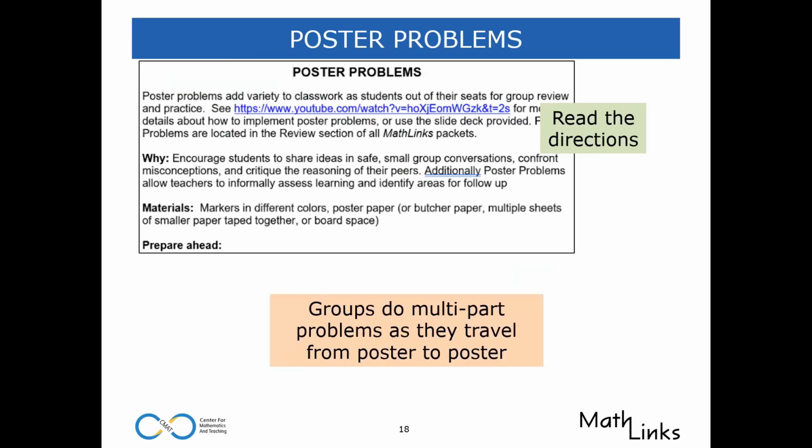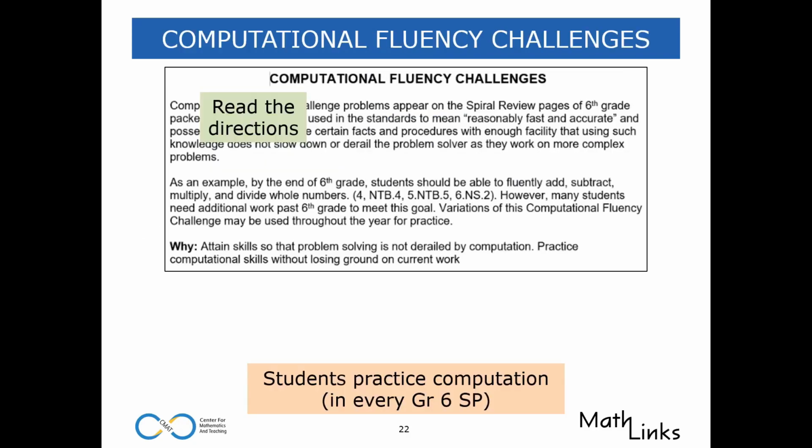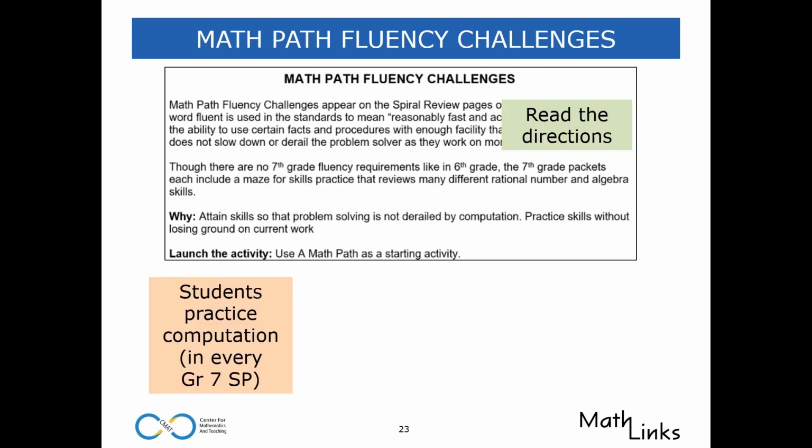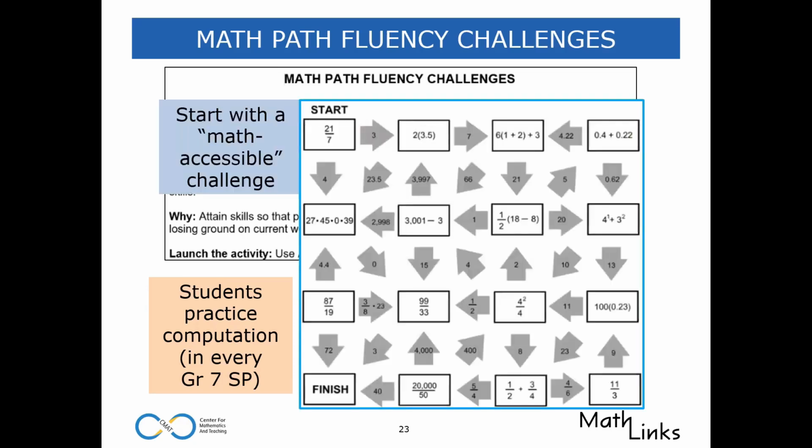Poster problems have become a very popular feature in MathLinks courses over the years. So popular that we made sure there's one in every unit in all 3 courses. Computational fluency challenges start off the spiral review pages in every 6th grade packet. MathPath fluency challenges start off the spiral review pages in every 7th grade packet.